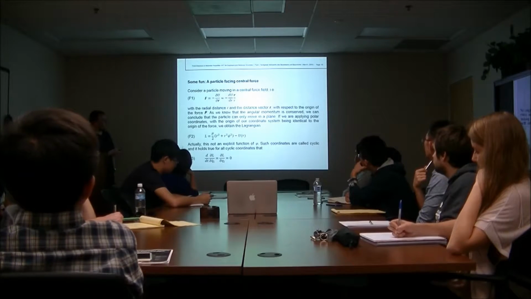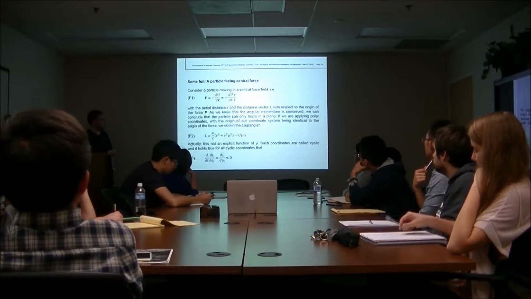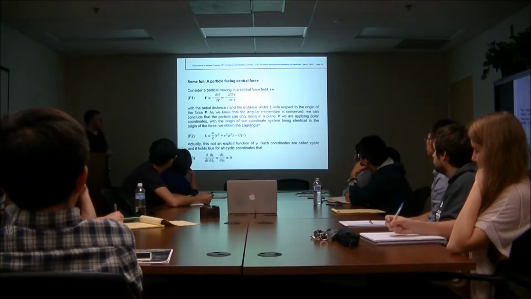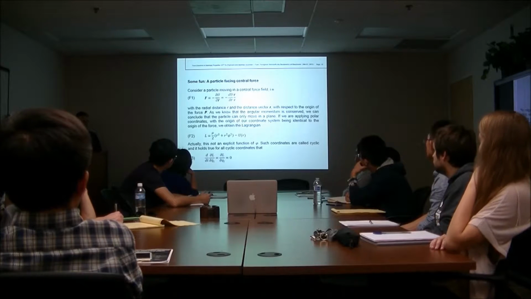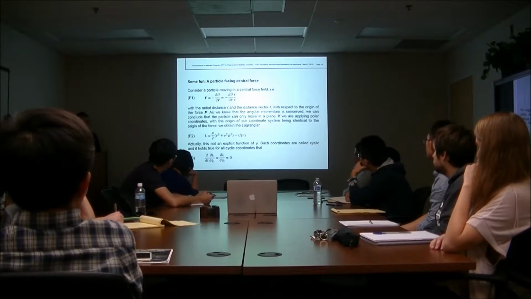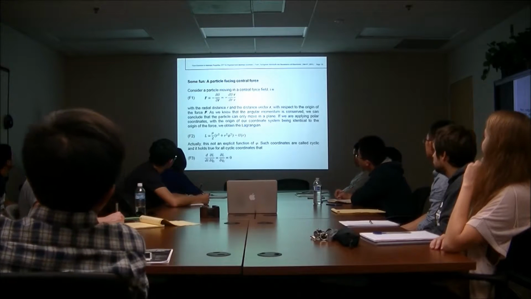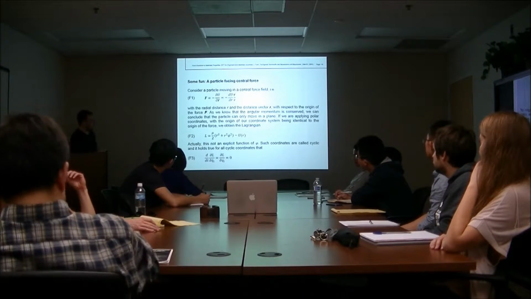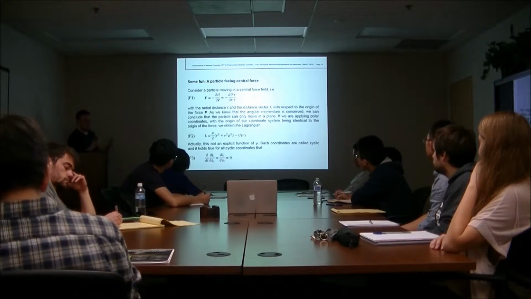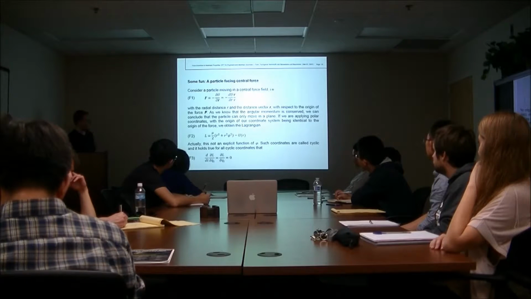Then we take the origin of our coordinate system so that it is identical with the origin of our force. And let us say we have our force originating from another particle. We introduce a reduced mass of both particles. Then we formulate our Lagrangian.